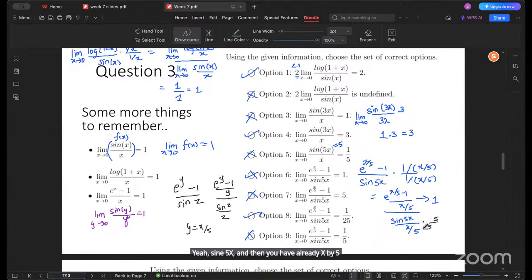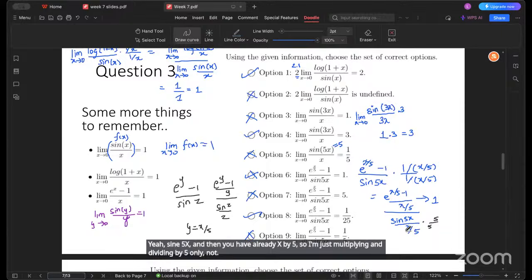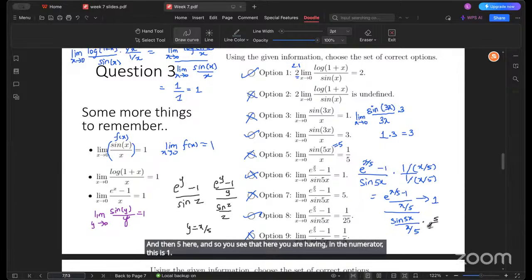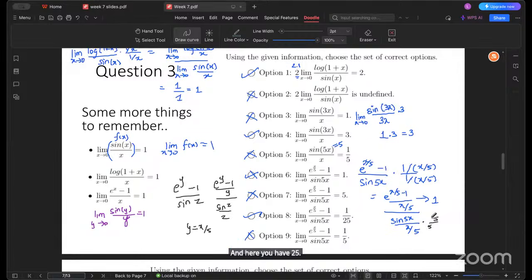So I'm just multiplying and dividing by 5 only, not 5x. So here you are having 5 and then 5 here, and you see that in the numerator this is 1, and here you have 25, so 1 by 25. Is that clear?